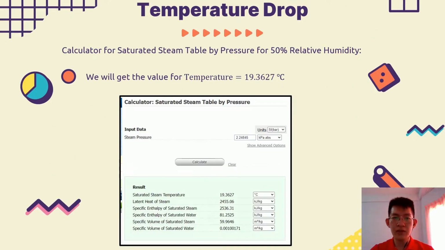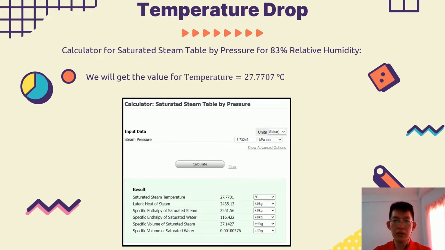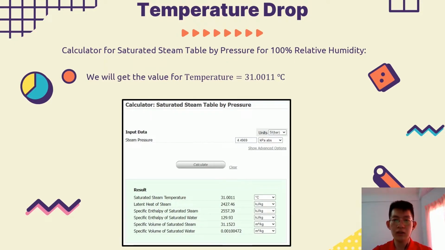We can use the calculator for saturated steam table by pressure: for 50% relative humidity, we finally get a temperature of 19.3627 degrees Celsius. The temperature for 83% relative humidity is 27.7707 degrees Celsius. The temperature for 100% relative humidity is 31.0011 degrees Celsius.